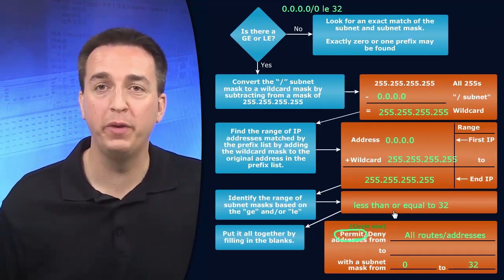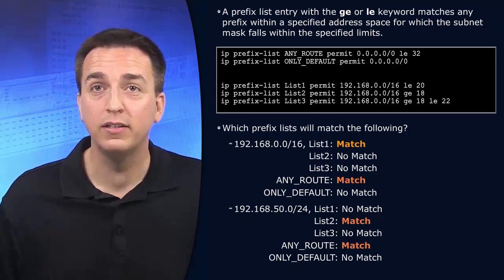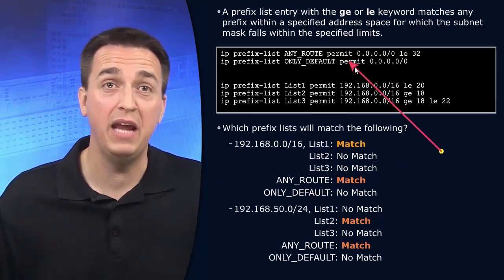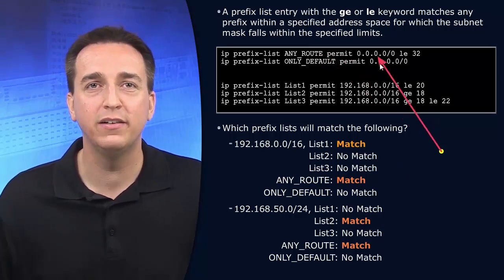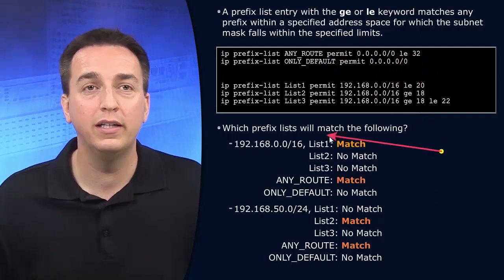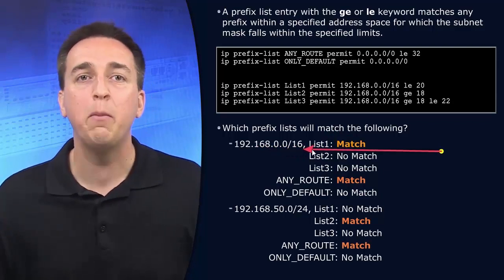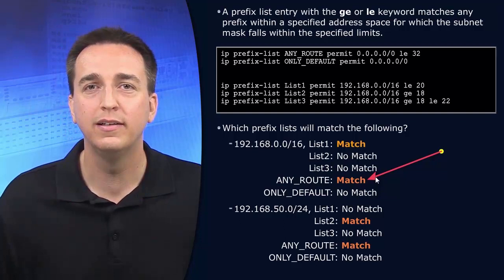So, when we go back to our example, the any route, we named it appropriately. Any route, permit, everything else. 0 less than or equal to 32. So does this route, 192.168.0.0/16, match the prefix list called any route? Yeah, it does.